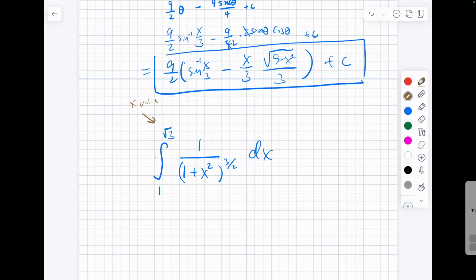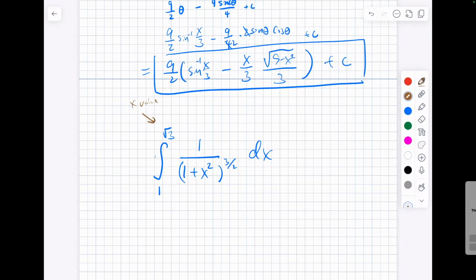You don't want to come back to x because you can do u substitution. You can figure out what is the x value in terms of theta, and then you can evaluate that way. The answer is really, really nice. So if you did it right, it's 1/2 times square root 3 minus square root 2.